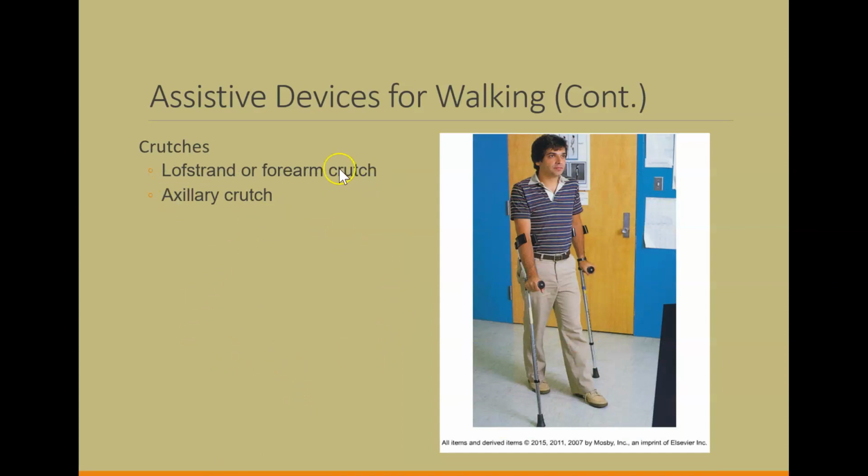And then you have crutches. When you measure crutches, make sure that they fit up under the axilla. Crutches are more commonly used, and there are three common methods to measure the length of the crutches.